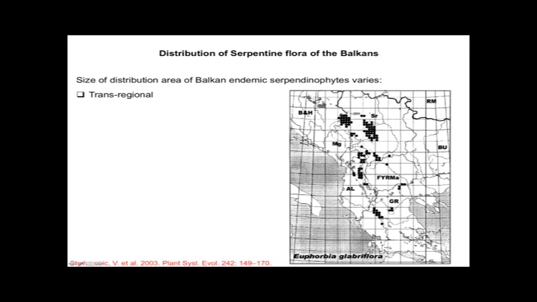Concerning the size of the distribution area of Balkan endemics, there are different categories. There are the transregional endemic species, which are distributed in different floristic regions in the Balkans.